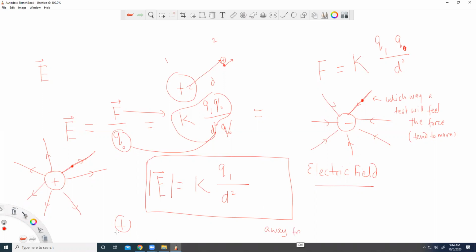If it is negative, you need to say electric field is that, and then it's towards the charge. So that's how you mention the direction. So when we calculate the electric field magnitude, we don't need to worry about the signs, because we determine the direction using this notion.